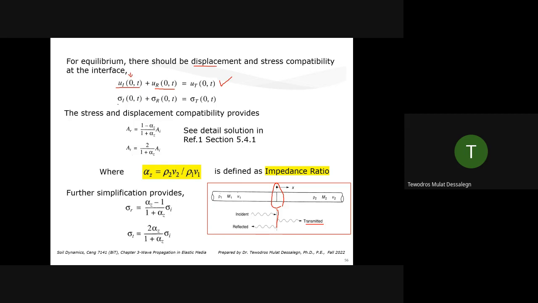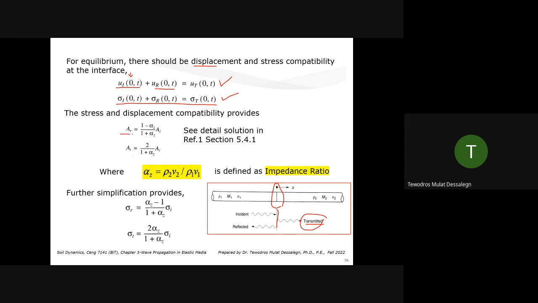The same is true for stress compatibility. Stress caused by the incident wave plus stress caused by the reflected wave, which are in the opposite direction, so they subtract, equals the net stress by the transmitted wave. If you do that from this stress and displacement compatibility, you will arrive at equations for the stress and displacement.